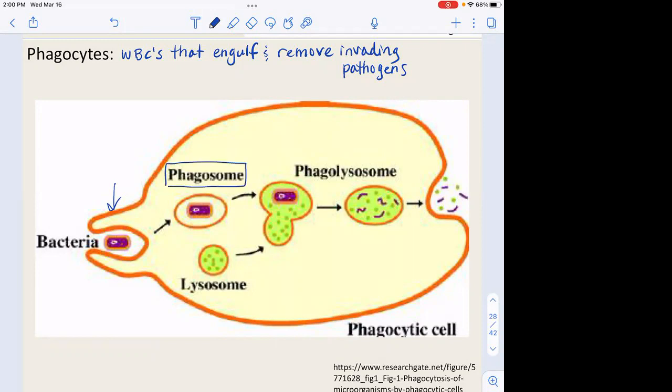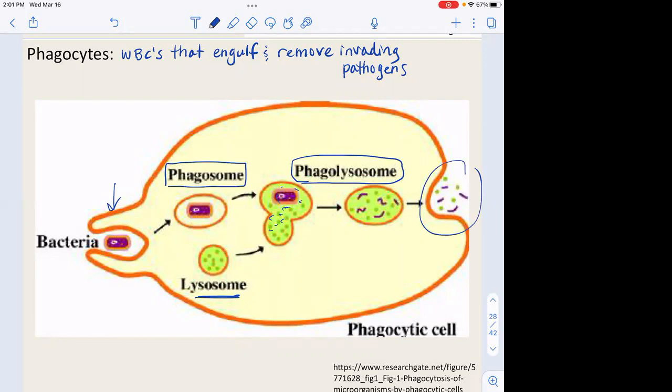Then to bring about killing of that bacteria, the lysosome, that organelle that holds a lot of digestive enzymes and some other enzymes that we'll talk about soon, will fuse with that phagosome. Now we call it a phagolysosome. And now those digestive enzymes, most of the time, are able to bring about the death of that pathogen. And it's just exocytosis here at the end, right? So most of the time, our phagocytes are successful there.